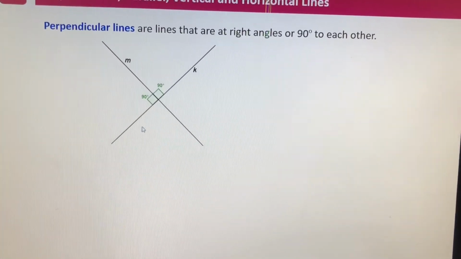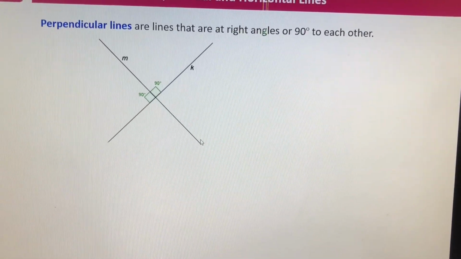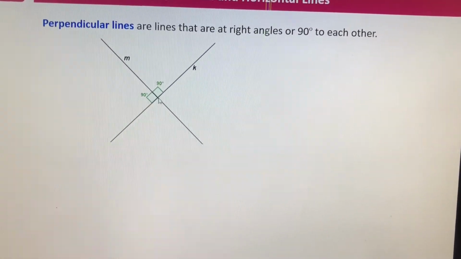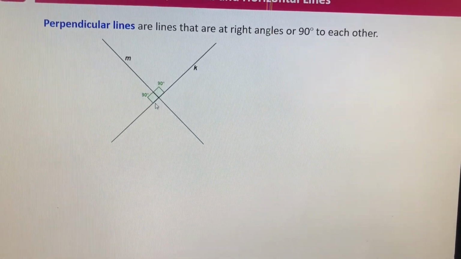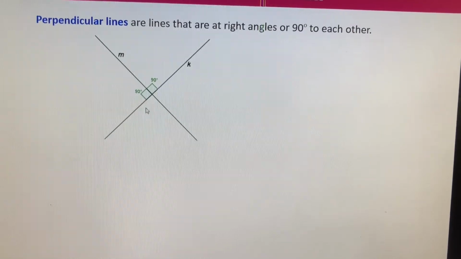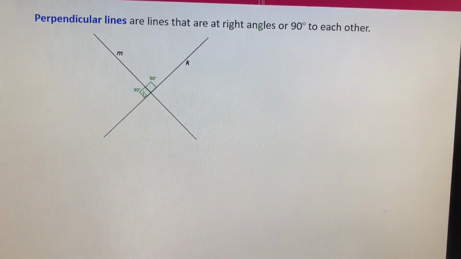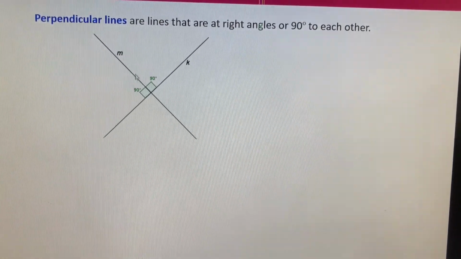And then we've got a line K. And they are intersecting at this point of intersection. Remember that intersection means they're crossing. And the measurement of these four angles that they've created between them are each 90 degrees.